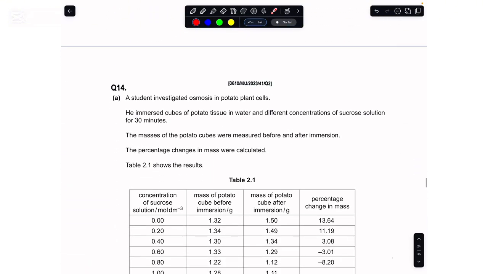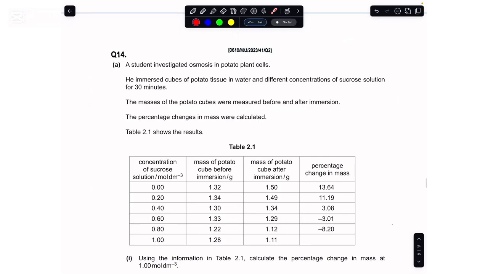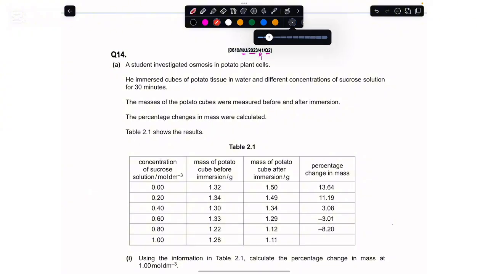Moving onward to question number 14 that came in May June of 2023. The variant was 4.1 and the question number was 2. Here we have students who started to investigate osmosis in potato plant cells.